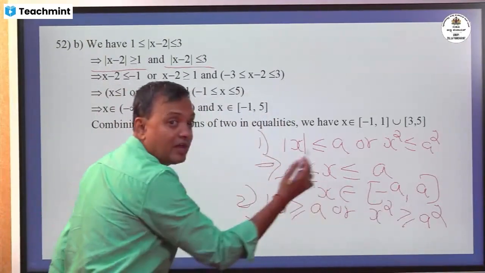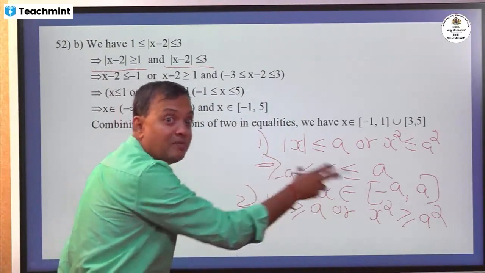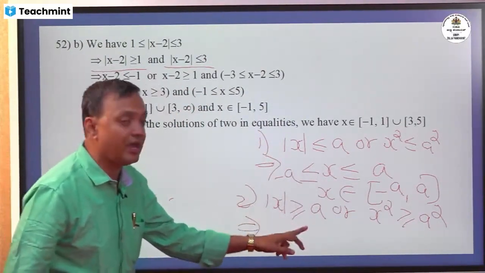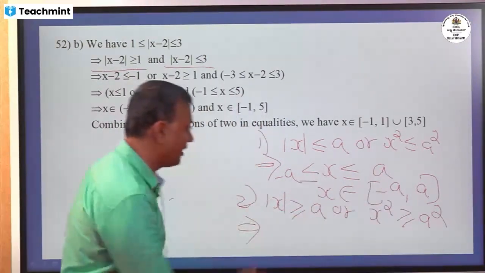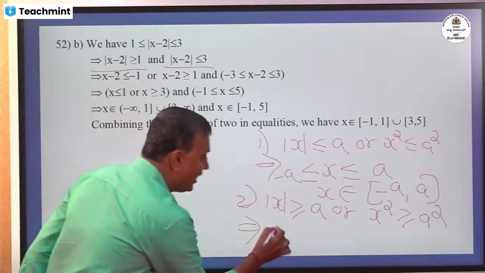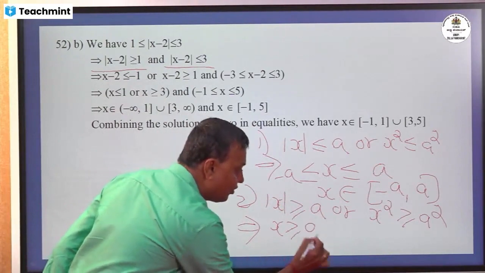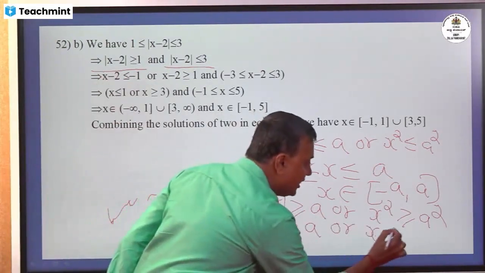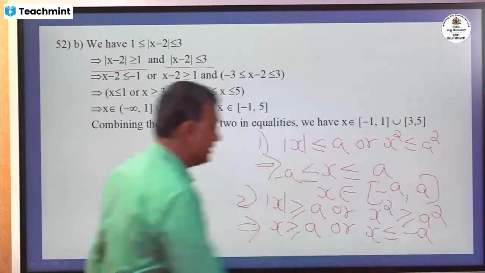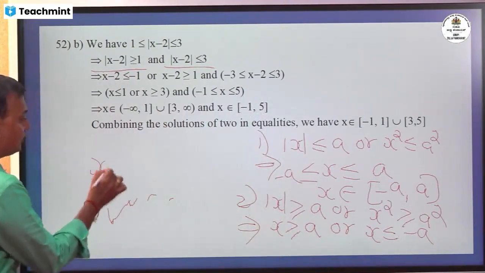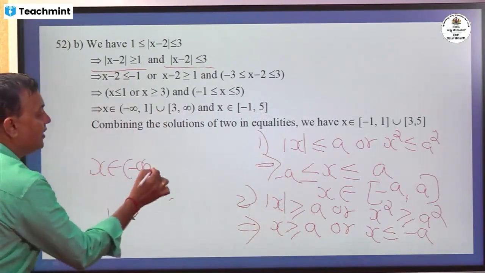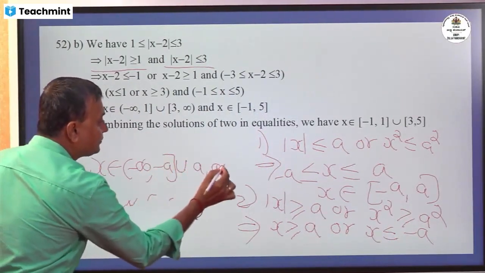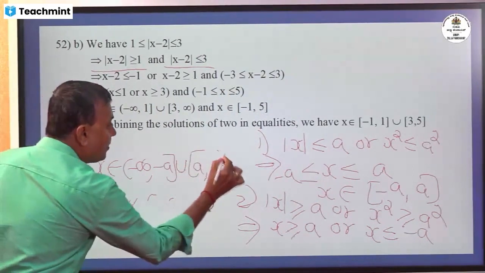Here x square and modulus of x have the same characteristics. Both are positive, correct? So modulus of x greater than or equal to a, or x square greater than or equal to a square, implies either x is greater than or equal to a, not and, or x is less than or equal to minus a. That means x belongs to minus infinity to minus a union a to infinity.